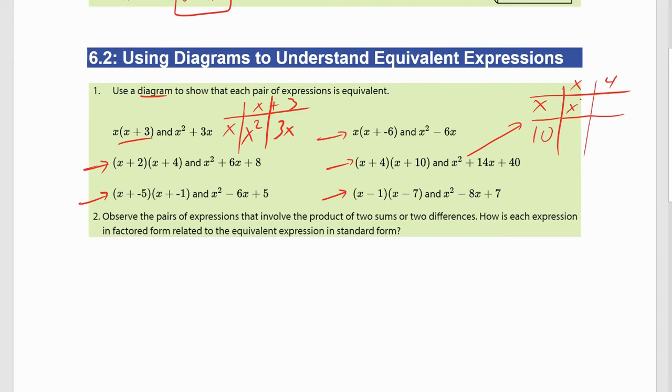X times x is x squared. 10 times x is 10x, and x times 4 is 4x, and 10 times 4 is 40. I can combine the x's, right? So that's why you get the 14x. It's a good way to double check. So you get x squared plus the 10x plus the 4x, which is 14x, plus the 40. So go ahead and do the other 4.